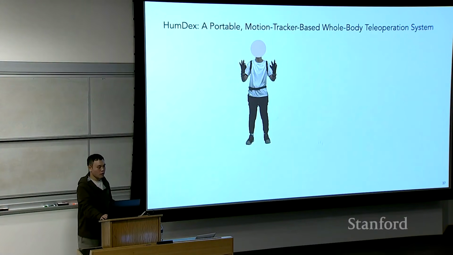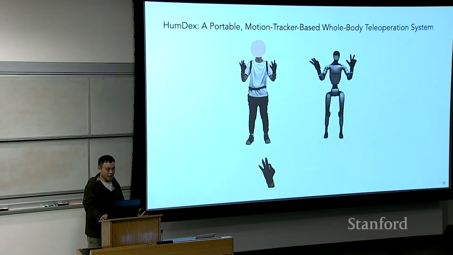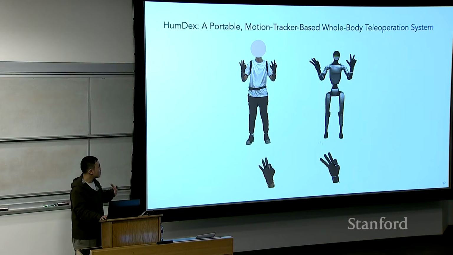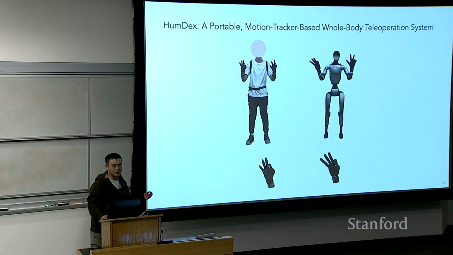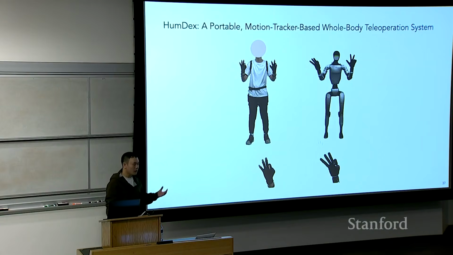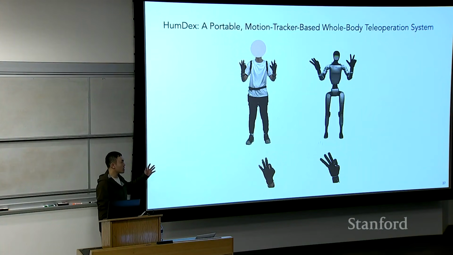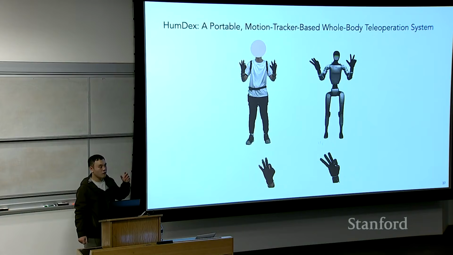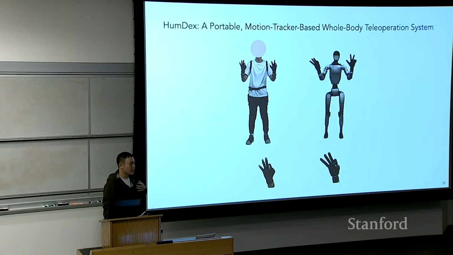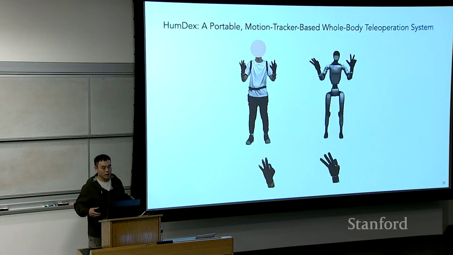At a very high level, we are doing whole body teleoperation, including both the upper body, the lower body, and also the hands. In this case, we replace the 3-finger hands with the 5-finger Ruiyi hands for challenging dexterous manipulation tasks. And also we change from the VR-based teleoperation system to an IMU-based whole body motion tracker system.